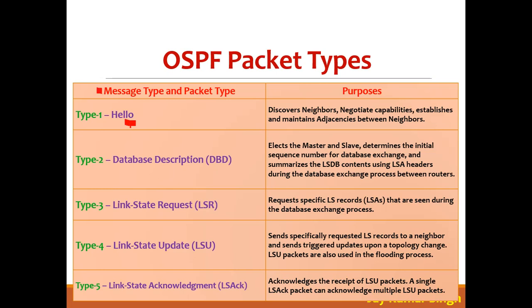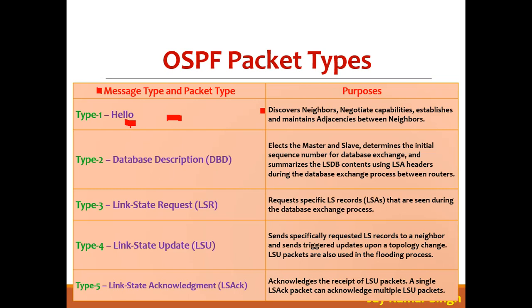So the purpose of the hello packet is to discover the neighbor, negotiate capabilities, establish, and maintain the adjacency between neighbors. Simply, the hello packet is used to form a neighbor relationship with the router. The hello packet contains all the criteria to become a neighbor, so if all the criteria match, you will become neighbors. We'll see the neighbor criteria later on.